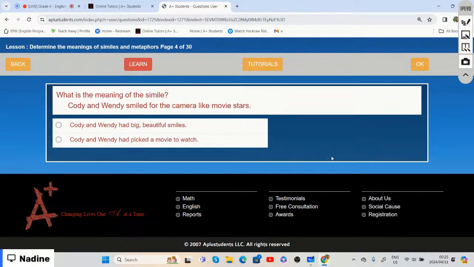All right, so Cody and Wendy smiled for the camera like movie stars. Does it mean Cody and Wendy had big beautiful smiles, or number two, Cody and Wendy had picked a movie to watch, a whole movie to watch?